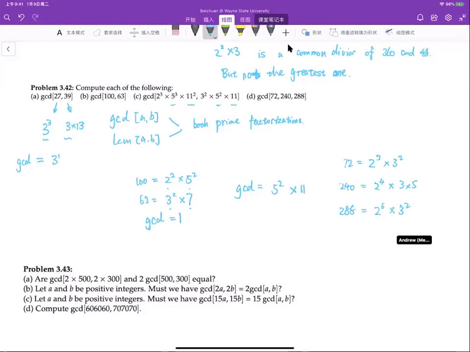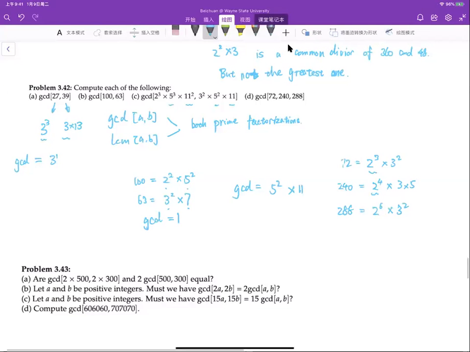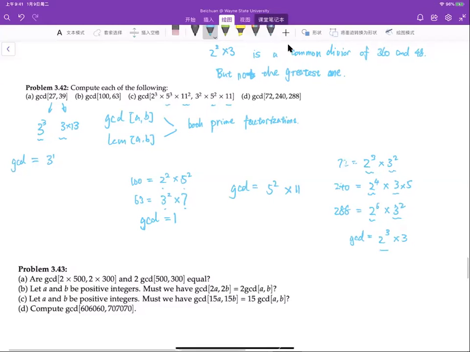Again, to find the GCD, we just need to find the common part of all 3 factorizations. All of them have powers of 2, so the common part will be 2 cubed. All of them have the power of 3, so the common part is 3 to the first. Only the second one has the power of 5, so it's not in the GCD. So the GCD of the 3 numbers is 24.